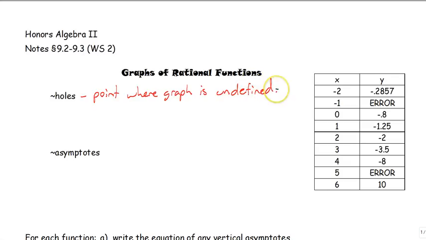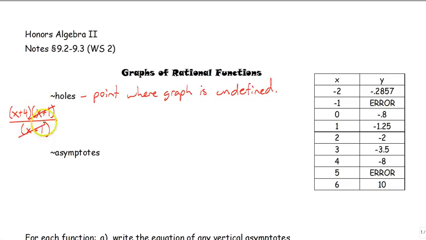And how do we get a hole? Well, let's just say we factored our equation, and I might have talked about this in class today. You get something where you can cross out the top and the bottom term.